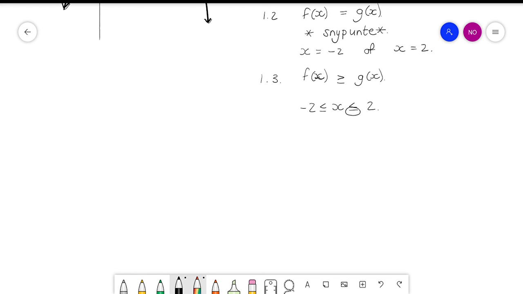The reason why I added those equal to signs is because the question also has equal to signs. They ask where the graph f is greater than or equal to g, not just greater than. If it was just f of x bigger than g of x, I would have just written this. Okay, but I'm going to spend some more time on that tomorrow as well. But for homework, do exercise 4, number 2.1. So make the sketches so that we can answer the rest of the questions together.